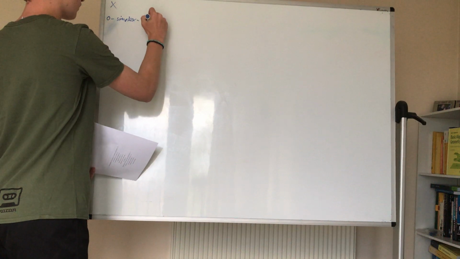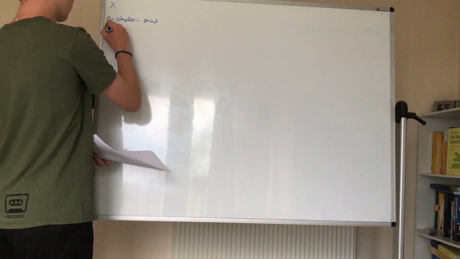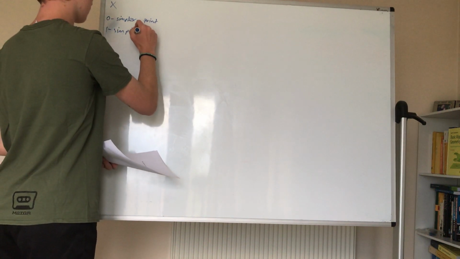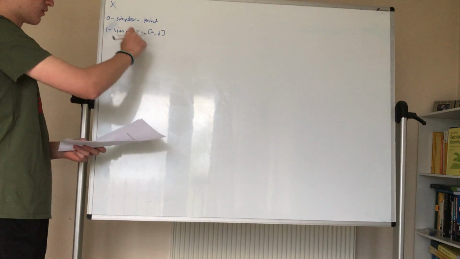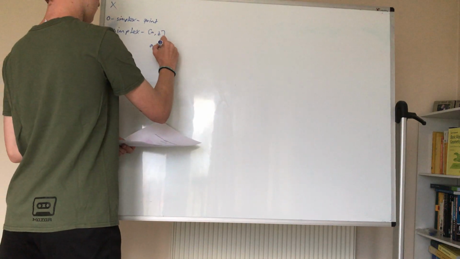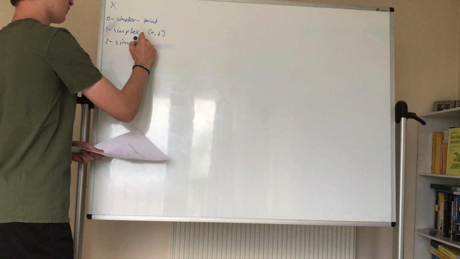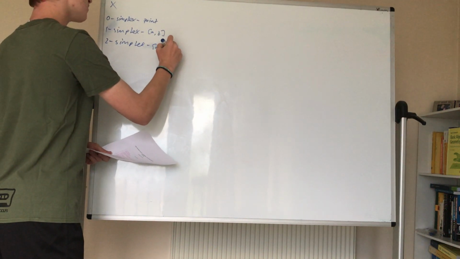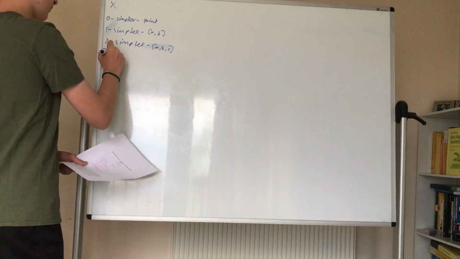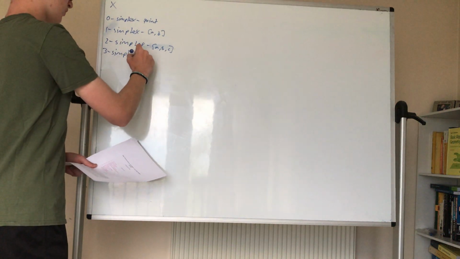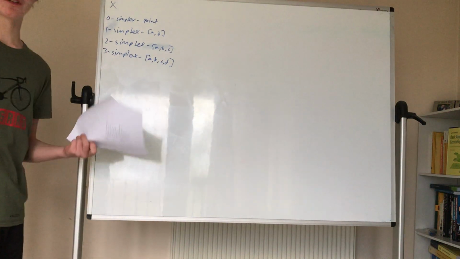is just a point, right? And a one simplex is just a pair which would be written like this, and that's just a line between A and B. A two simplex would be a triangle with, of course, vertices A, B, and C. A three simplex, A, B, C, D, is just a tetrahedron.